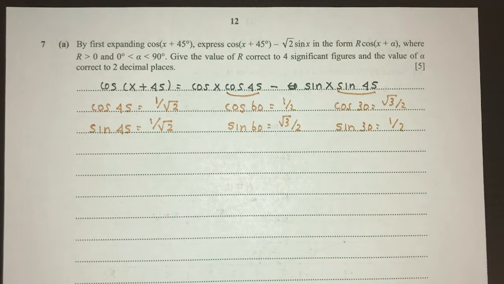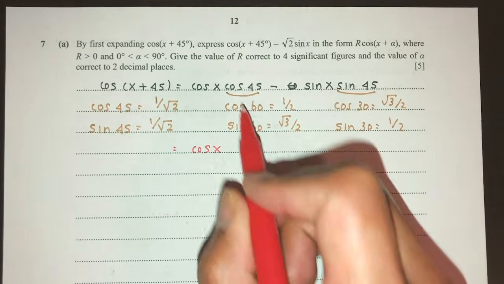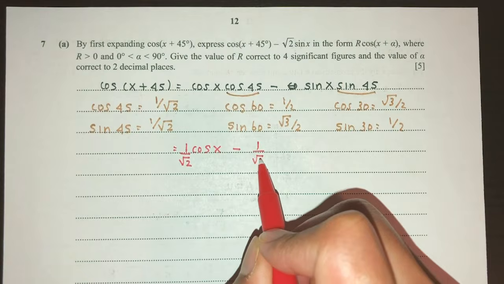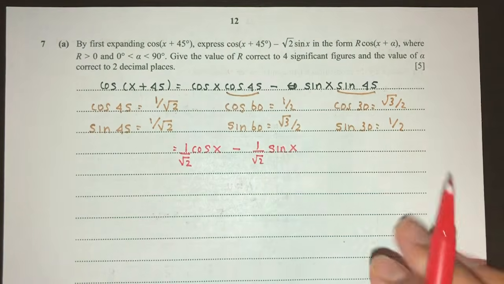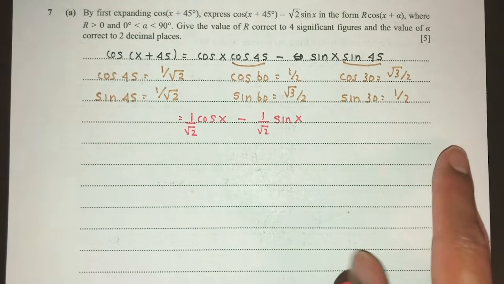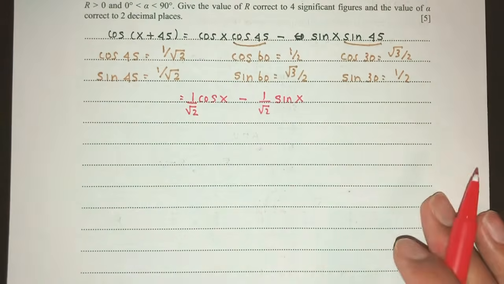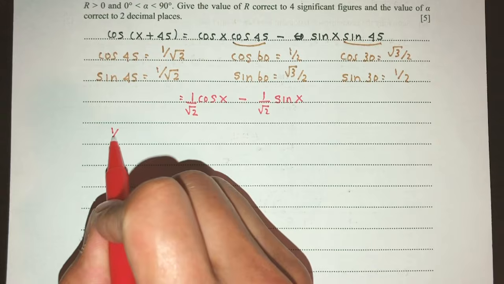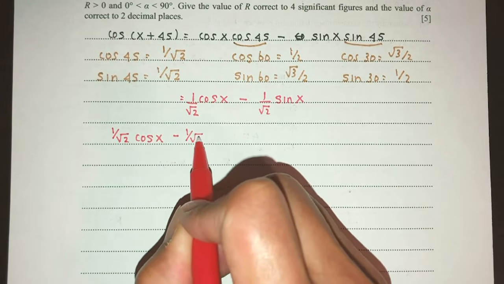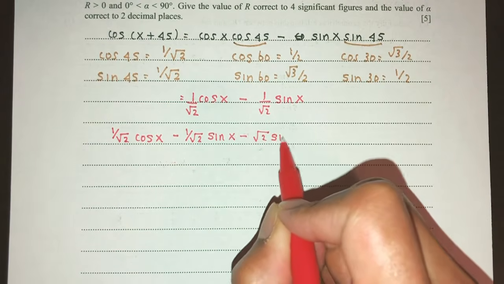Okay, so now we just have to replace back in the equation. You will have cos of x, this will become 1 over root 2 cos x minus 1 over root 2 sine of x. Okay, so this is this by expansion. Now we have to replace this back in the main equation. So right now we have 1 over root 2 cos x minus 1 over root 2 sin x minus root 2 sin x.